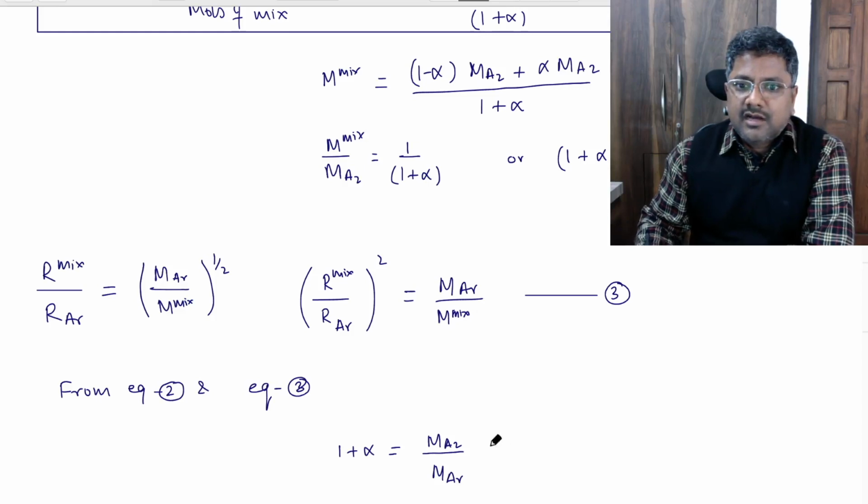Molar mass of argon multiplied by, divided by this.